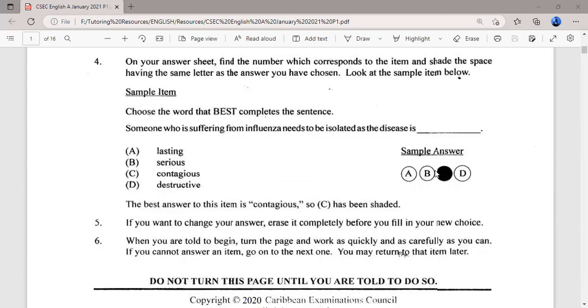On your answer sheet, that is where you will shade the answer that you chose. So your answer will not be on the question paper. You will make that answer on the bubble sheet. If you want to change your answer, erase it completely. When you're told to begin, turn the page and work.